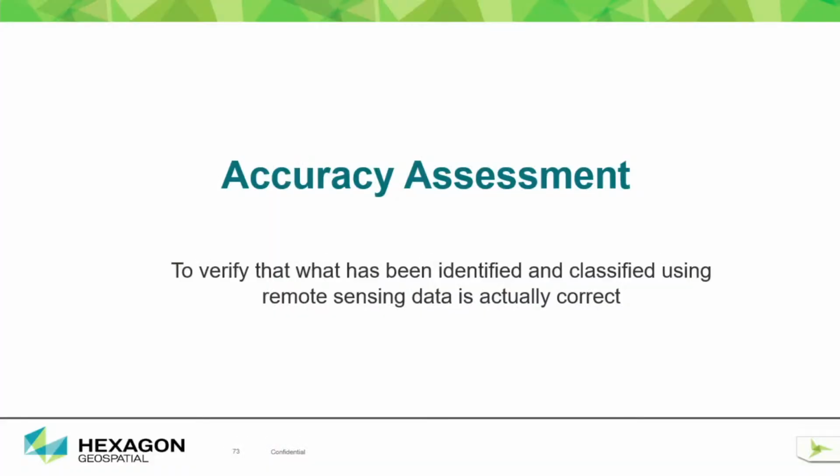So during this type of information missing, we have to go for the accuracy assessment. In this process we verify what has been identified and classified using the remote sensing data, whether it is accurately correct or not, and if so, what is the percent of this correctness. Using this accuracy assessment we are able to say that my land use land cover map is giving 80% similarity between the ground values and the map.